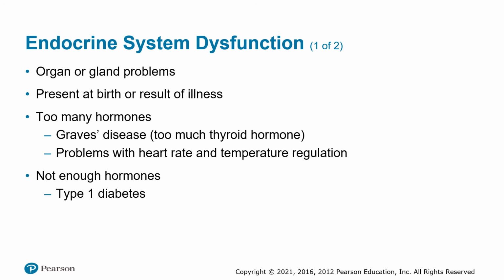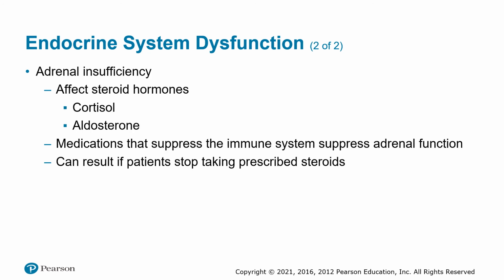Too many hormones, such as Graves' disease, which is too much thyroid hormone, creates problems with the heart rate and temperature regulation. Not enough hormones, typically type 1 diabetes, where there's not enough insulin. You can also have adrenal insufficiency that affects the steroid hormones such as cortisol and aldosterone.